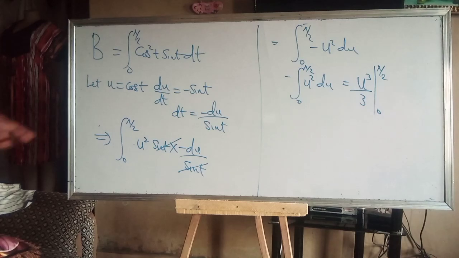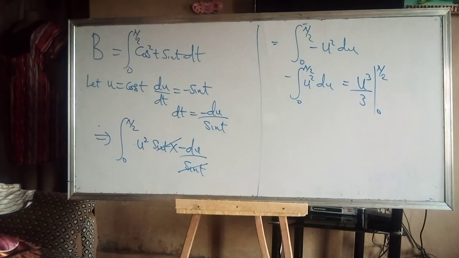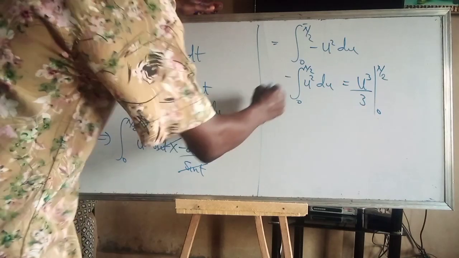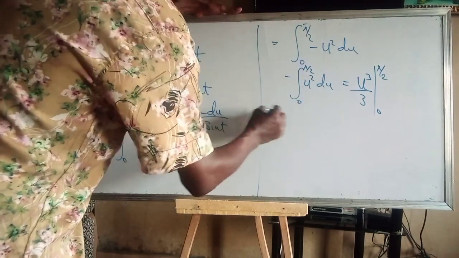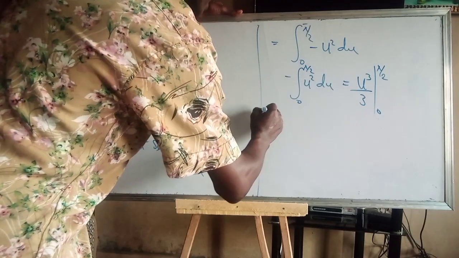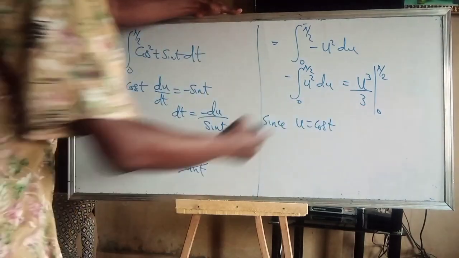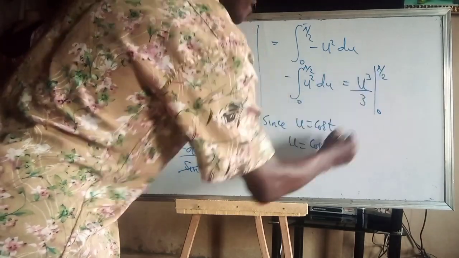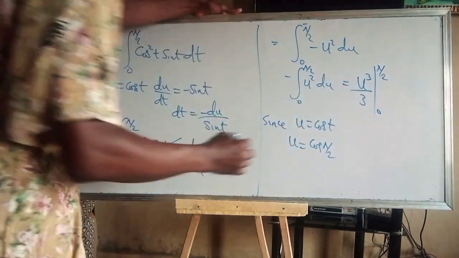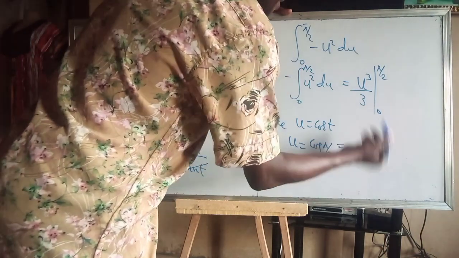And now, don't forget, we have to convert this u to its equivalent in t. Since u is equal to cos t, let's change this variable. So u will now be equal to cos of pi over 2 when t is pi over 2, and cos pi over 2, that's cos 90, is 0.